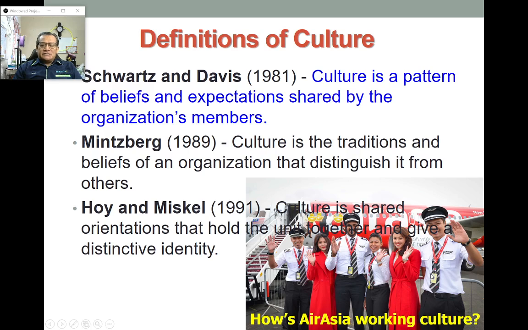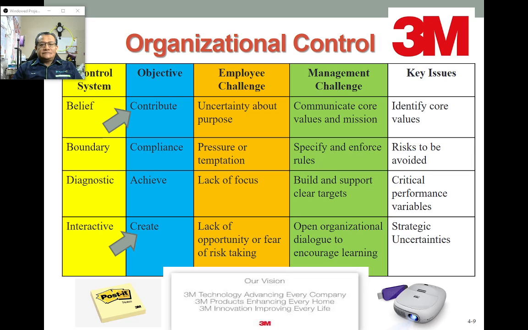So by that, they can reduce costs, and that cost saving is transferred to customers in the form of partly lower cost for traveling by using AirAsia. Okay, that would be culture.